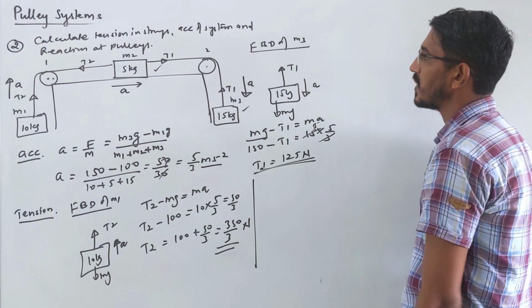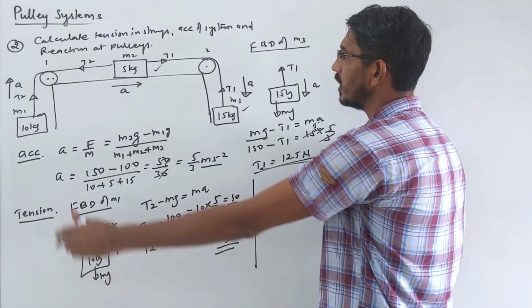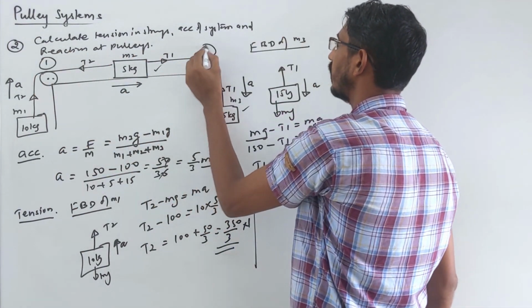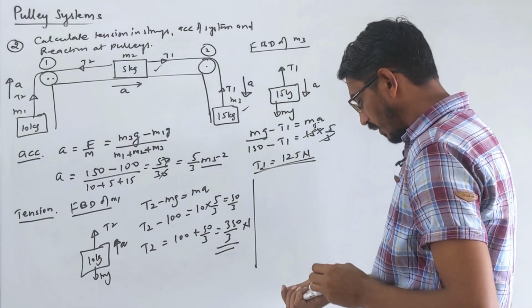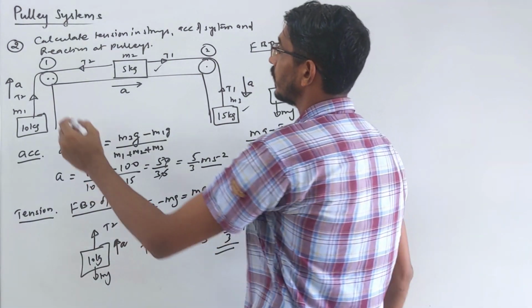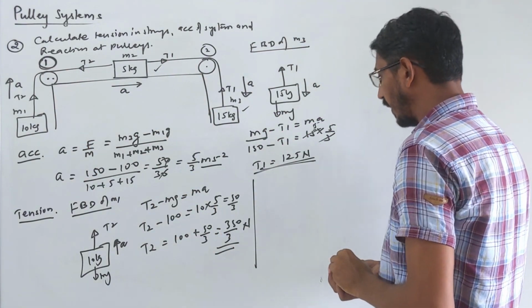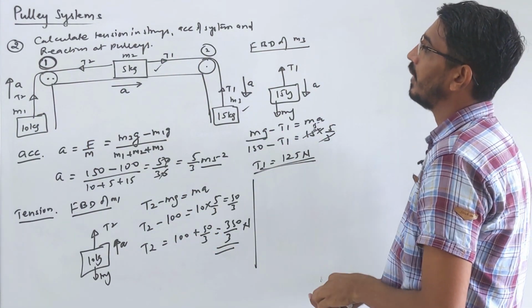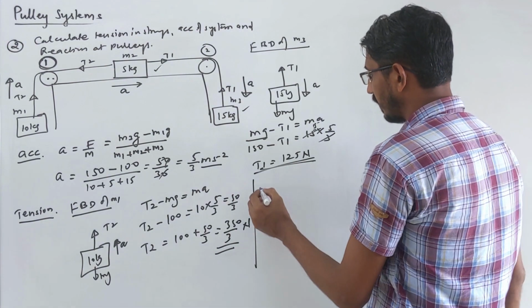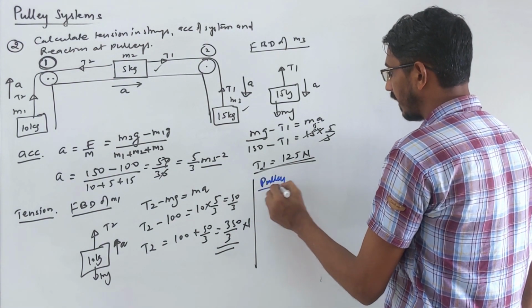Okay, the last question was the reaction at the pulley. This is pulley number 1, that's pulley number 2. The reactions will be different because the forces are different. When you talk about pulley number 1, the pulley on the left side, how does that FBD look?